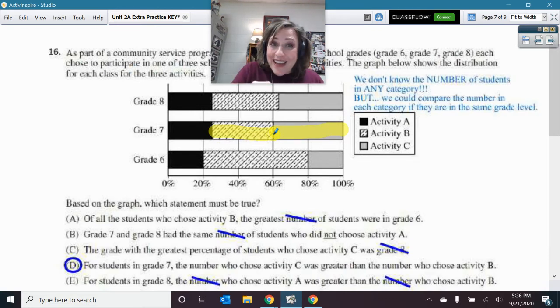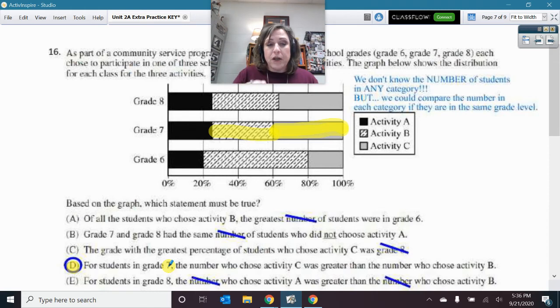So in that case, because they are both of the same total, then I can say that this C proportion is a higher proportion of the total than that B proportion is of the same total.